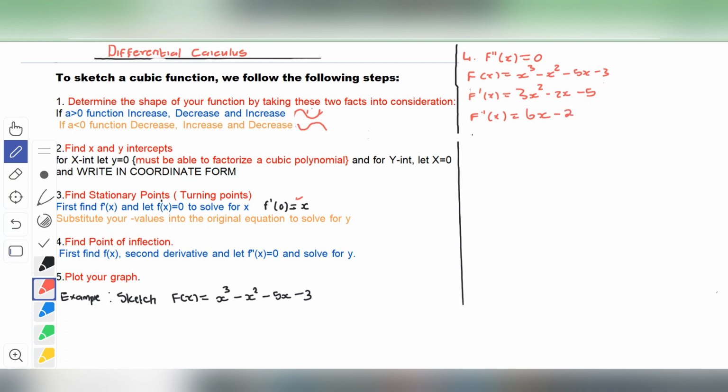And we said we let the second derivative equal to what? 0, and then we're going to solve for what? For x, right? So the second derivative equals 0, then we're going to have 6x minus 2, right?